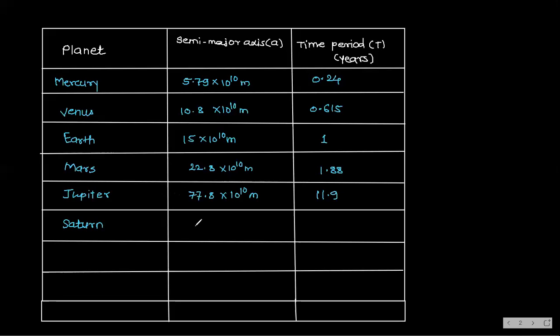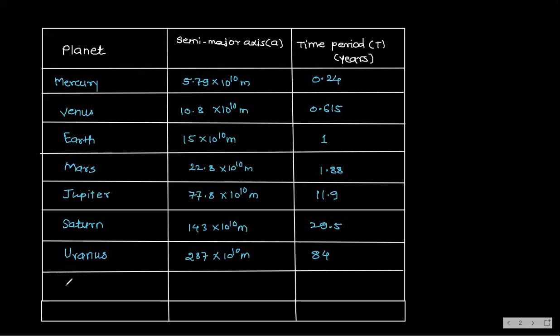After this is Saturn. Saturn is 143 into 10 to the power 10 meter, and it takes 29.5 years for one complete rotation. After this is Uranus: 287 into 10 to the power 10 meter, and it takes 84 years.